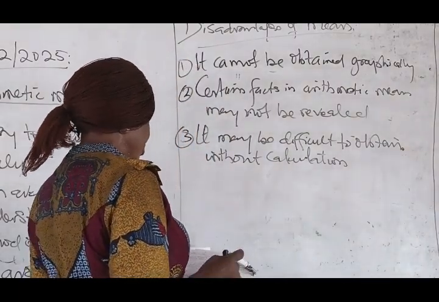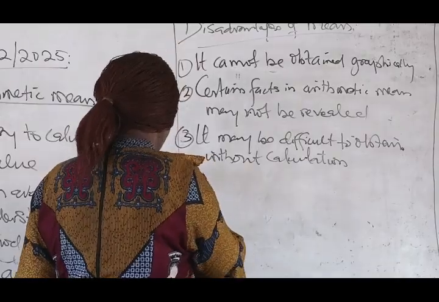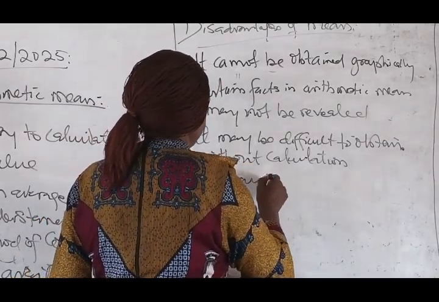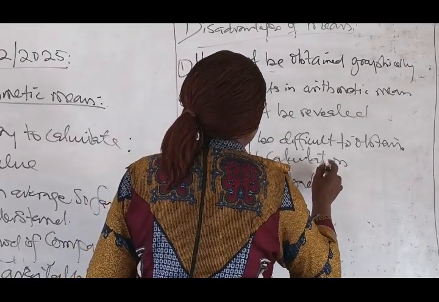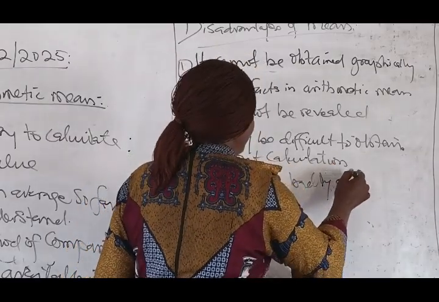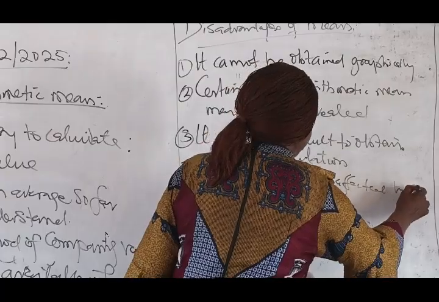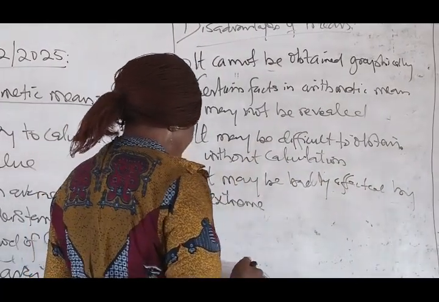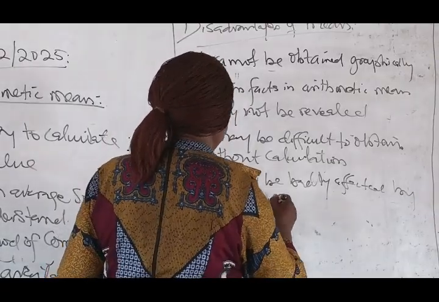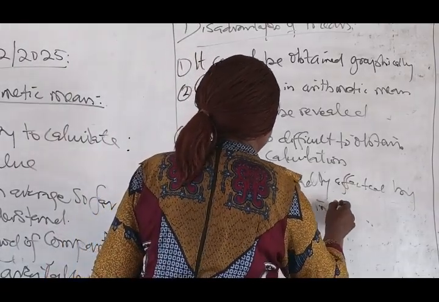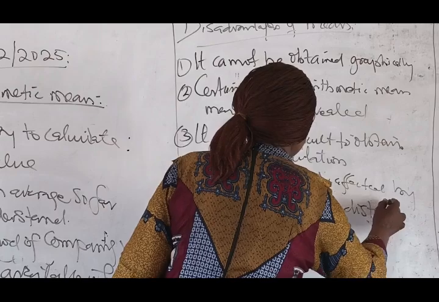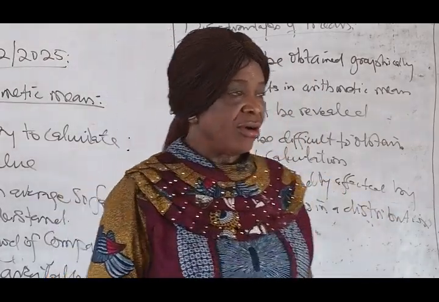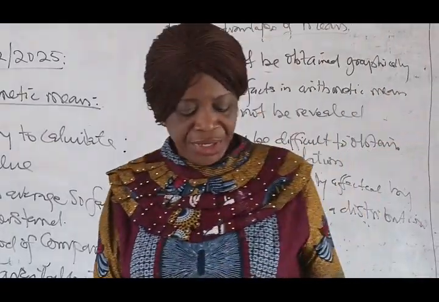The 4th one, it may be badly affected by extreme values in a distribution. So these are some of the disadvantages of the mean.